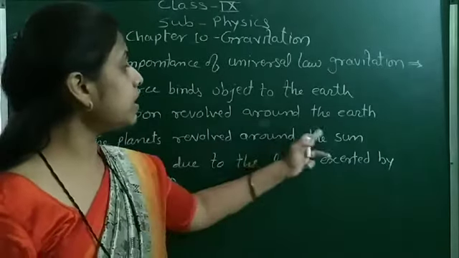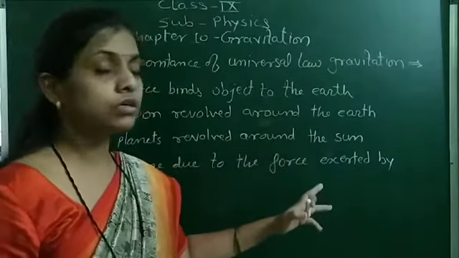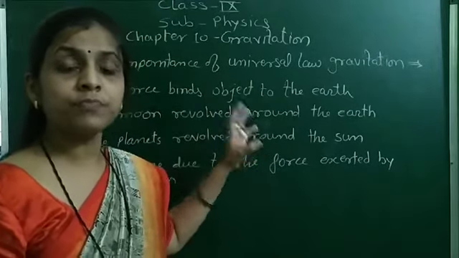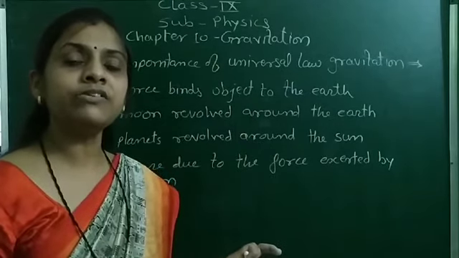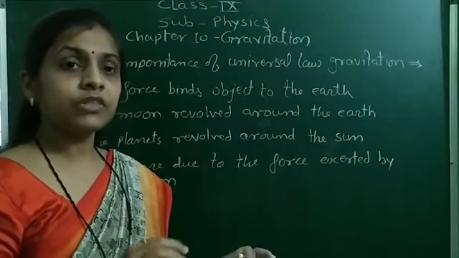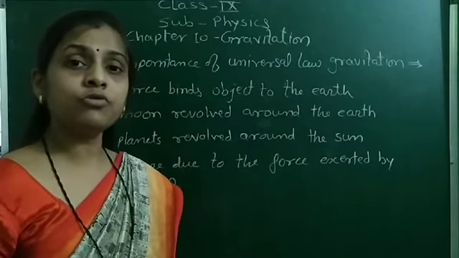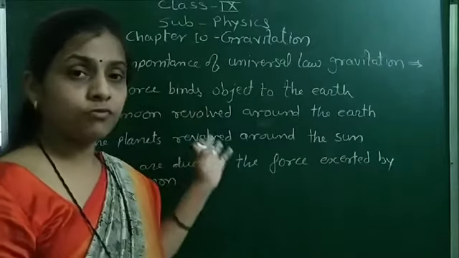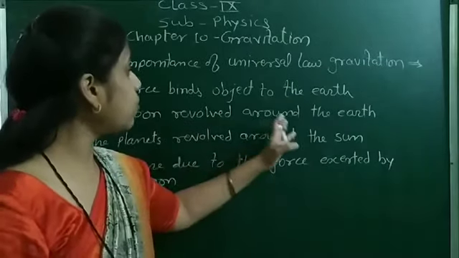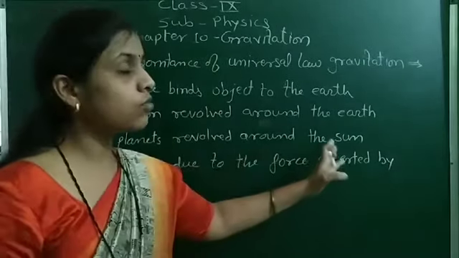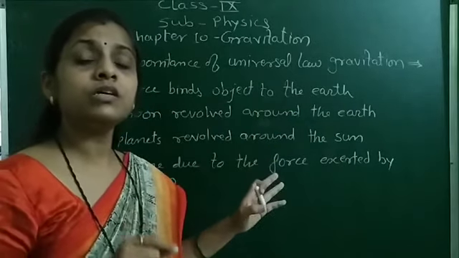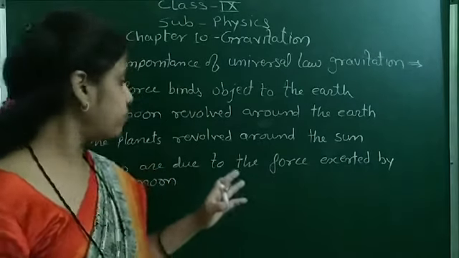So the moon revolving around the earth or planets revolving around the sun is always because of the gravitational force, but the specific force we call the centripetal force, meaning the force which is directed towards the center. The centripetal and centrifugal forces are under the gravitational forces.